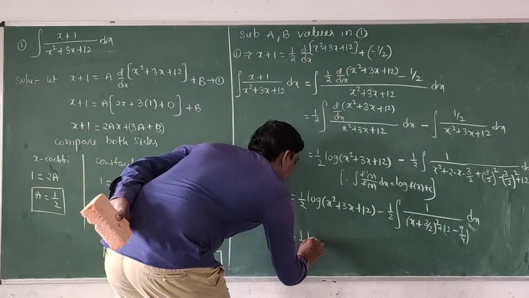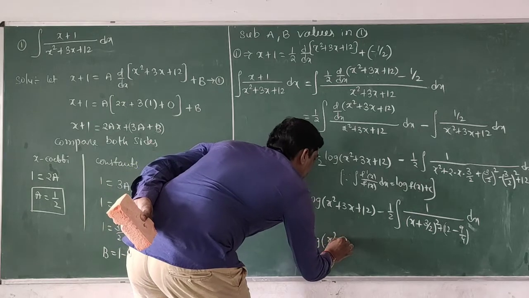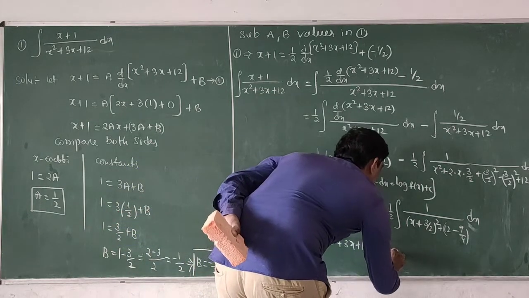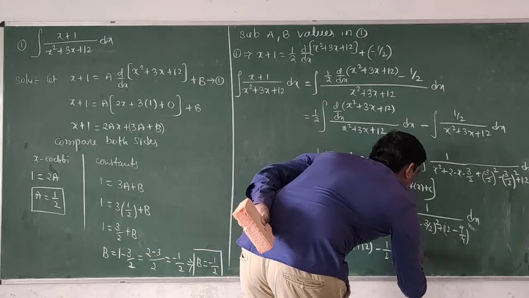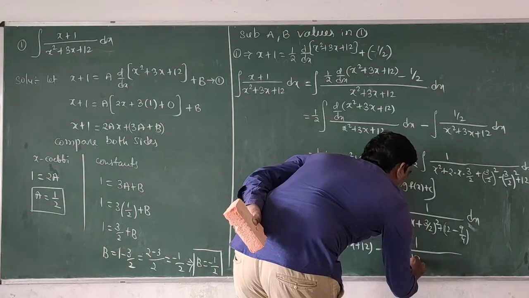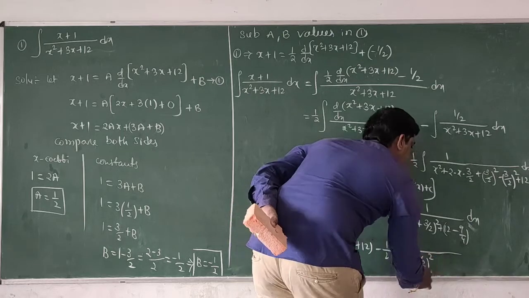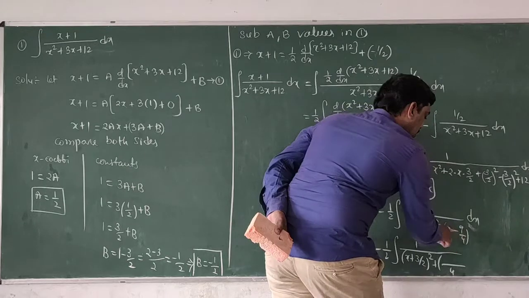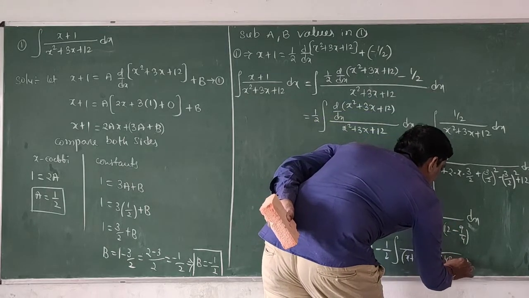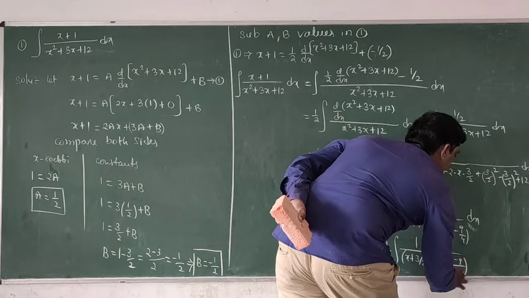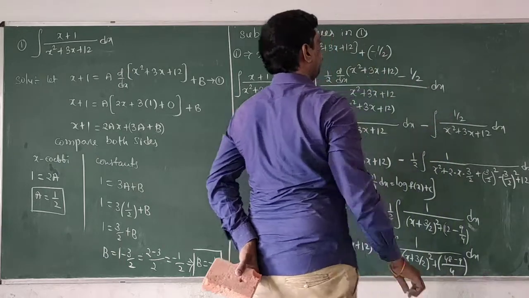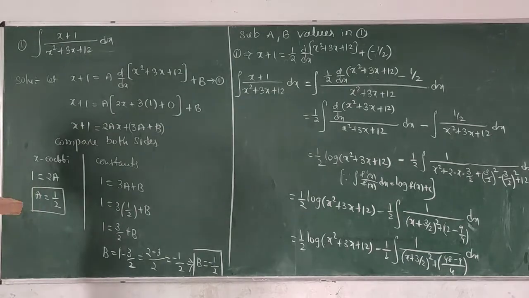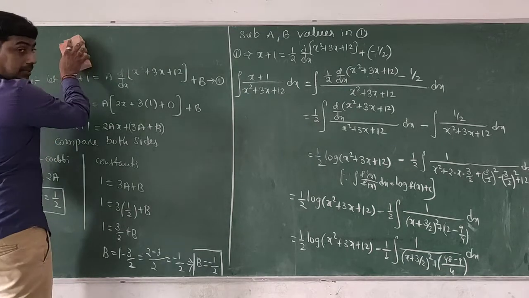Now 1 by 2 into log of x square plus 3x plus 12 minus 1 by 2 into integration of 1 by x plus 3 by 2 whole square, plus. Do the LCM. What is the LCM? 4 is the LCM. 12 into 4 is 48, minus 9, dx. Completed this one.